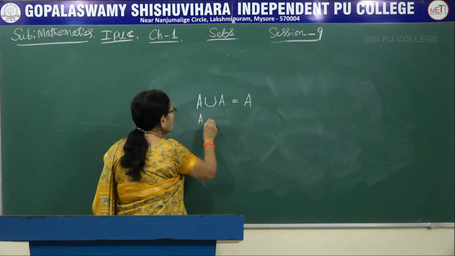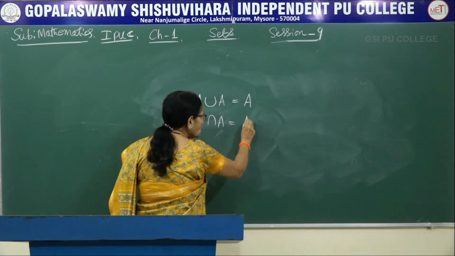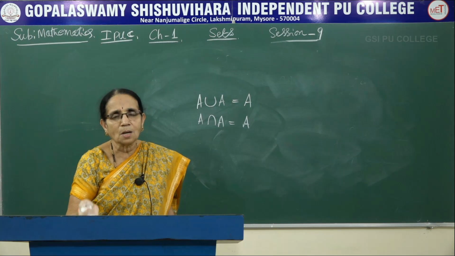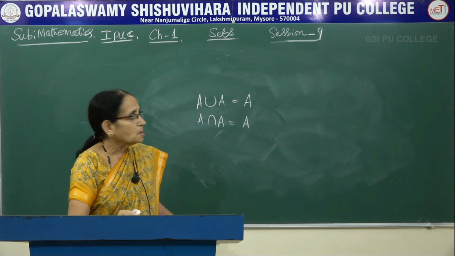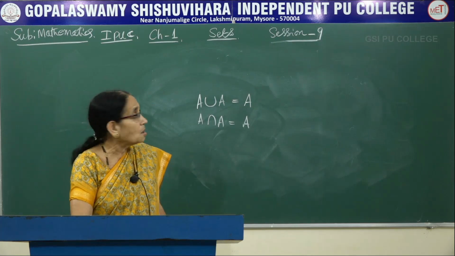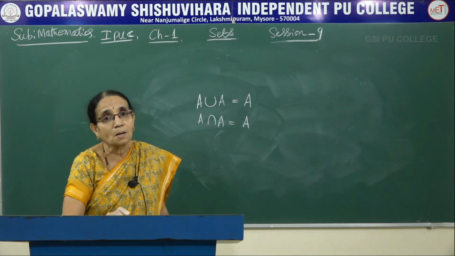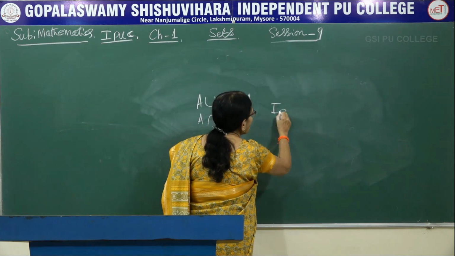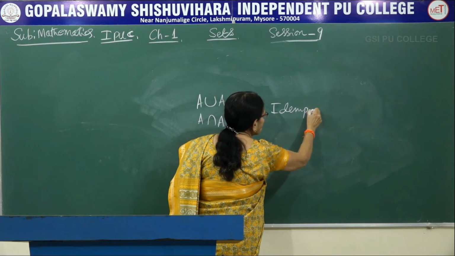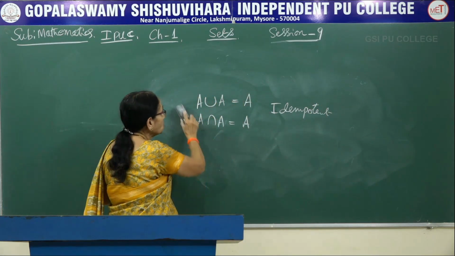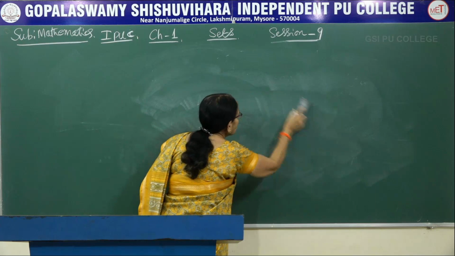Similarly, A intersection A would be again A. So when you take the union or the intersection of a set with itself, we get back the original set, the same set. We call this the idempotent law.